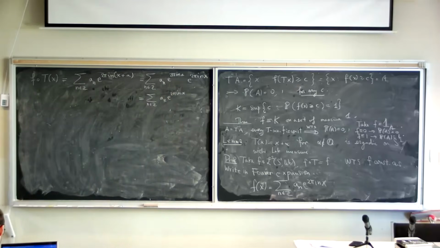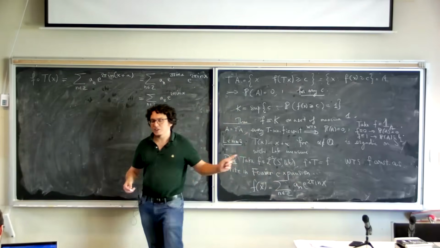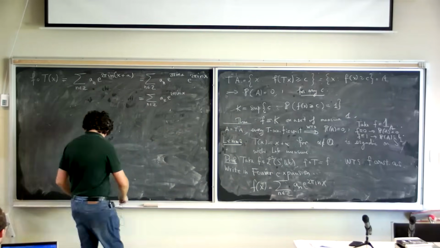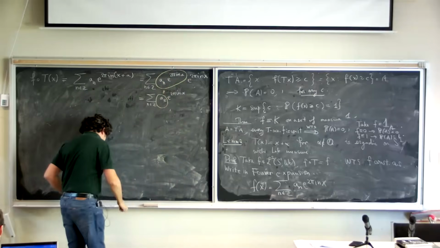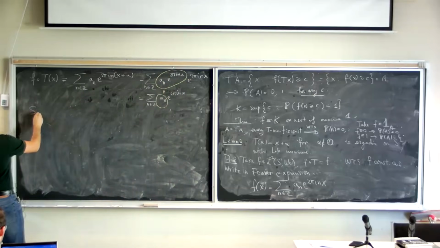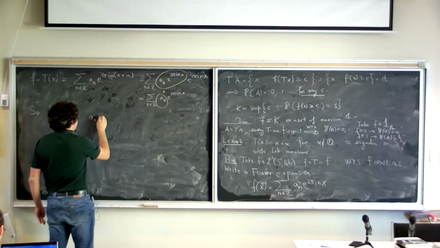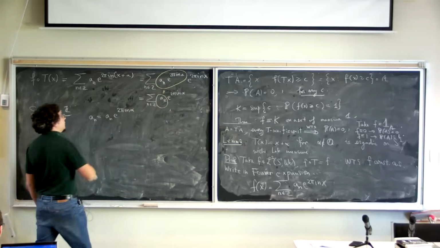Now if two functions are the same, they have to have the same Fourier coefficients. You can also write Fourier coefficients as the integral with respect to the conjugate character, whatever. But the upshot is that this coefficient has to be the same as this one. So for every n, a_n has to be equal to a_n e to the 2 pi i n alpha.